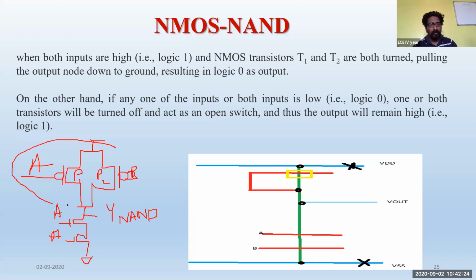You're supposed to replace this P block. The complete P block has to be replaced with one depleted NMOS transistor, and the rest of the bottom part will be the same. Only the P block should be replaced with this depleted NMOS transistor.